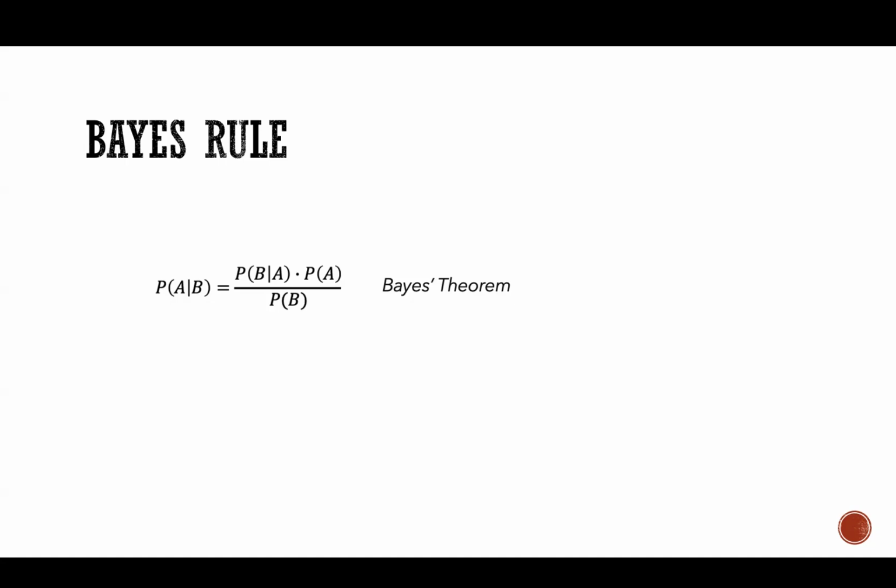Exactly. Start from here: the probability of A, before we see B, right? What is the baseline probability of A happening? The probability of B given A?